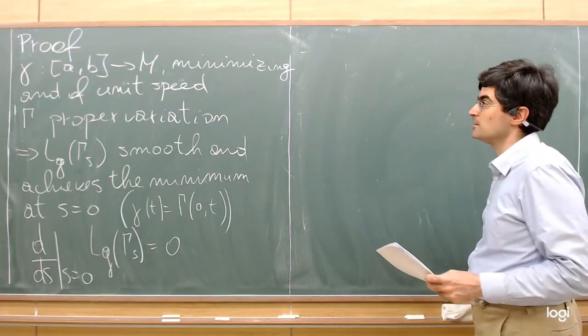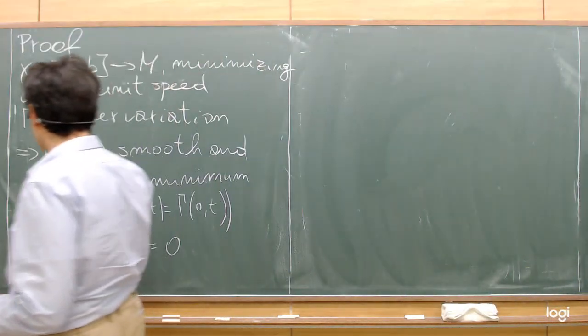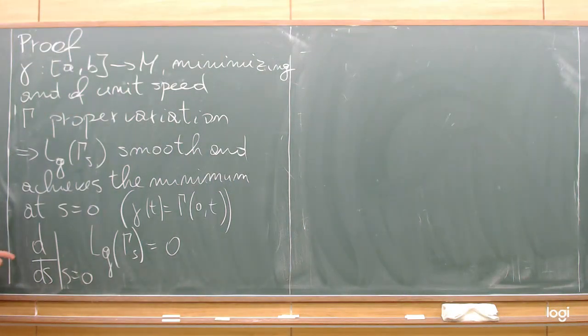So this theorem could be reformulated as follows. Given a curve which is a critical point for this functional and is parameterized by arc length, then it is a geodesic.